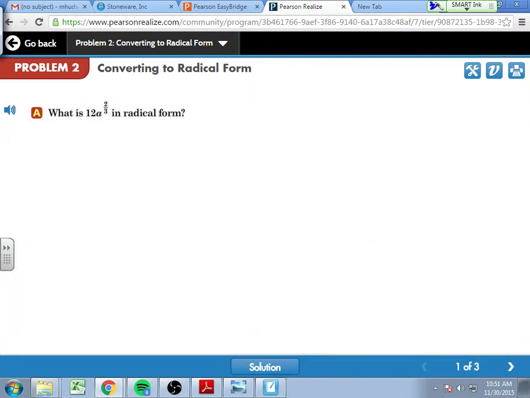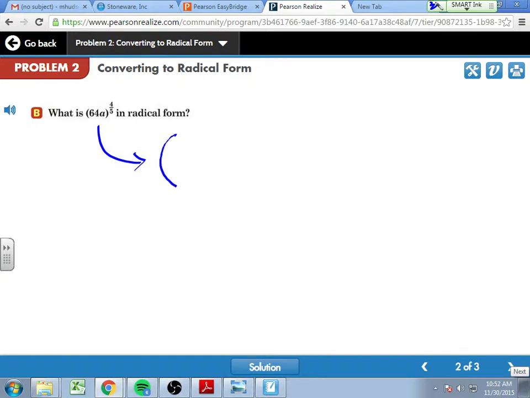So, try this on your own. Now, 64a is in parentheses. It's all being raised to the power of 4/5. So, the first step in rewriting this is to write it in the radical form.